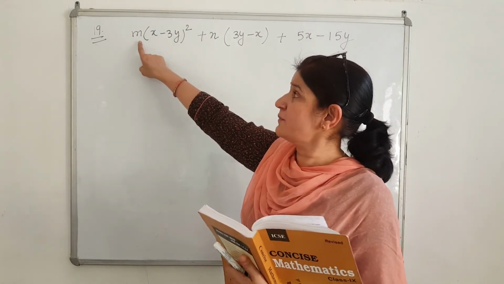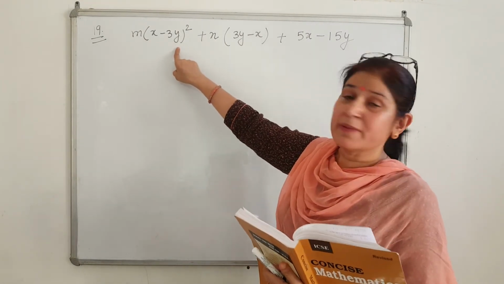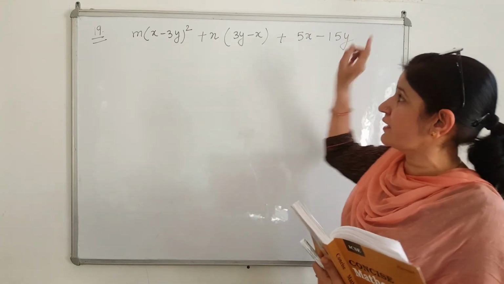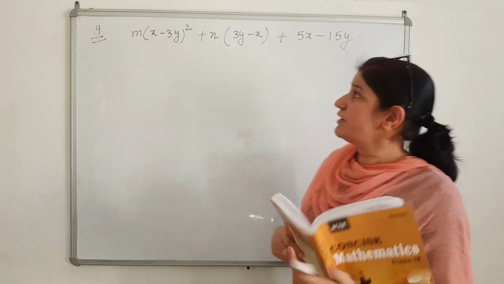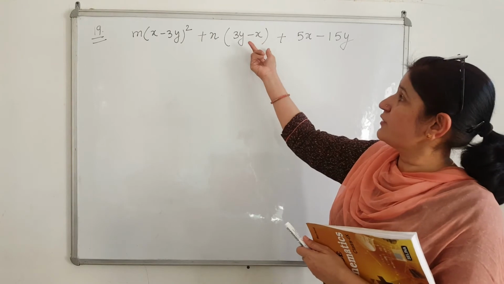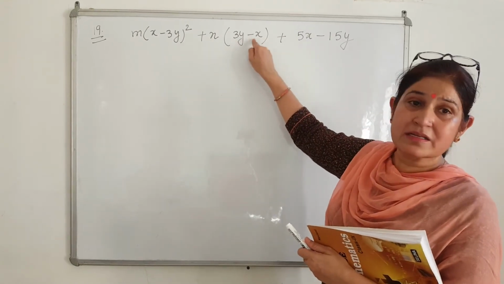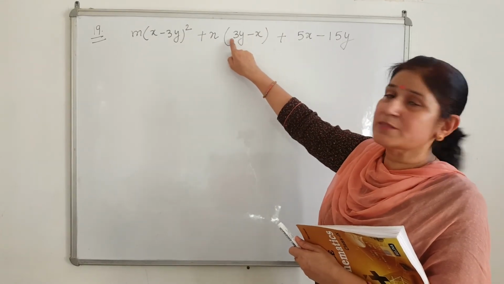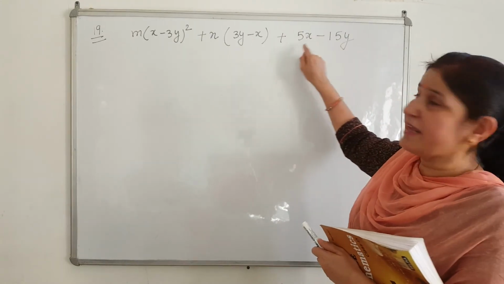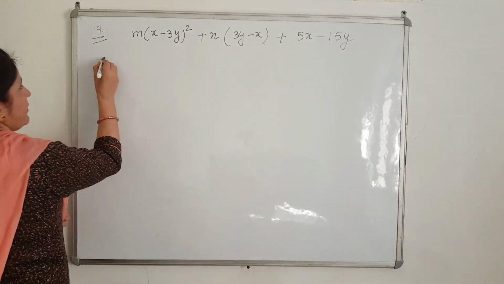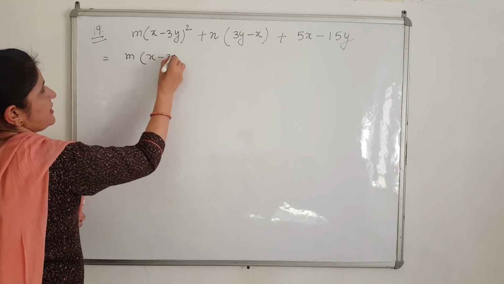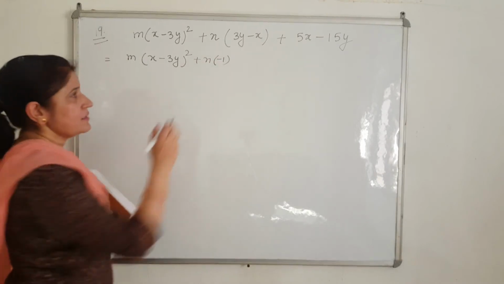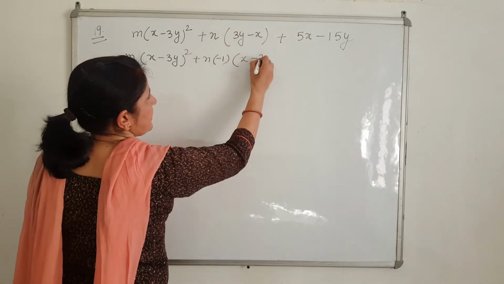Our next question, question number 19. In this question, the statement is given like this: m(x − 3y)² + n(3y − x) + 5x − 15y. See, here it is given x − 3y, but here 3y − x. We have to rotate the term. What we will do, we will take minus common, so this minus will change into plus and this plus will change into minus. From here we take 5 common. So m(x − 3y)². From here we take minus common like this, so the terms will change their places and sign also.